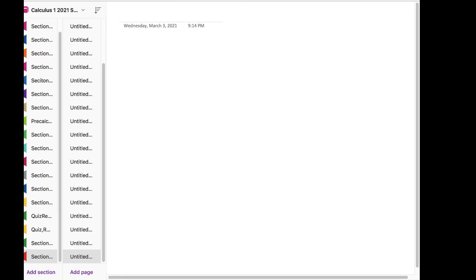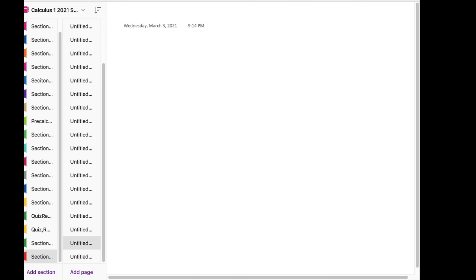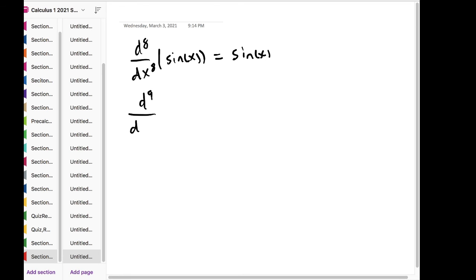Okay, so something's going on here, right? So based on that, if d8/dx^8 of sine is sine, what do you think d9/dx^9 is? Cosine, yeah.